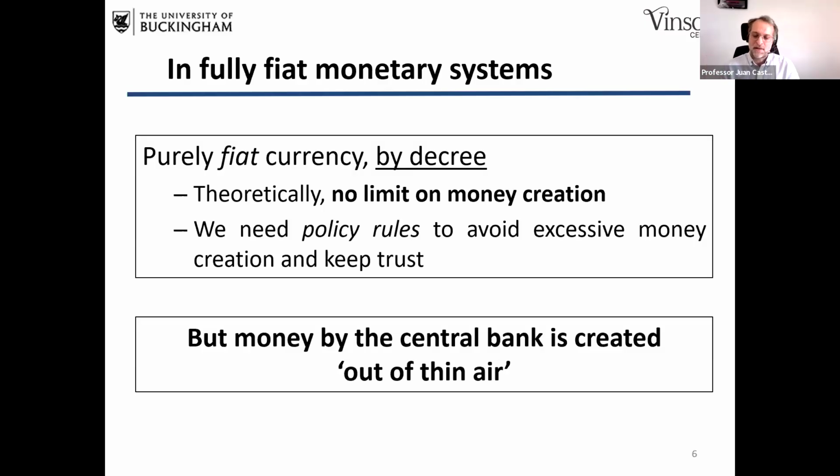The money created by the national central bank is created out of thin air, precisely because it is not backed by any asset, by any precious metal such as gold, at the time of the gold standard, or silver, or any other limited asset.